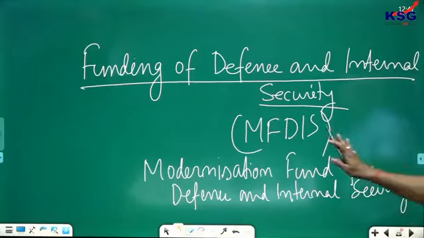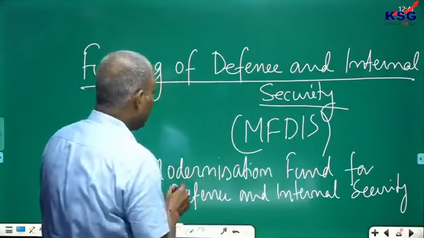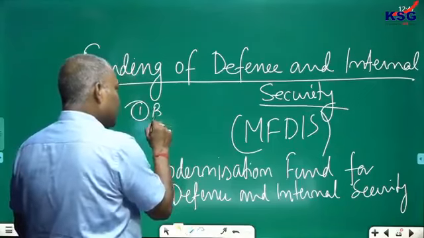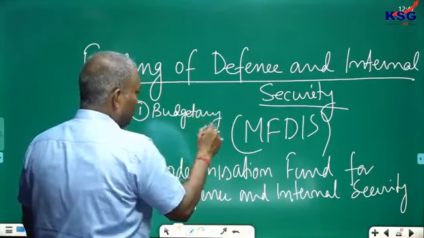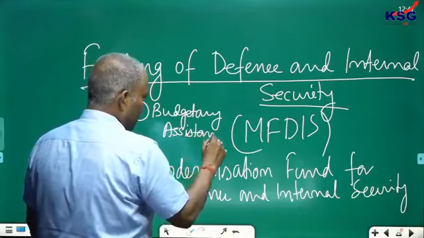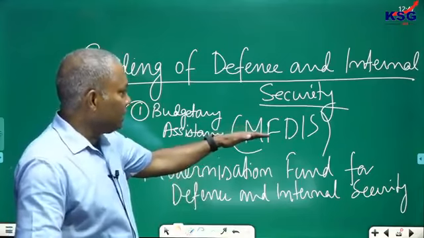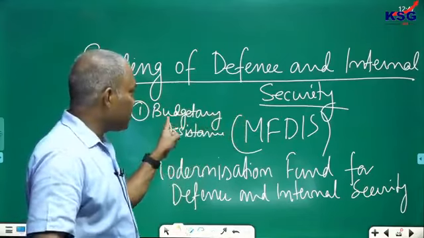And one more point you understand, the total fund is going to be created from two different sources. One source is the budgetary assistance. One part you can take from the budgetary assistance, and budgetary assistance from where are you getting?